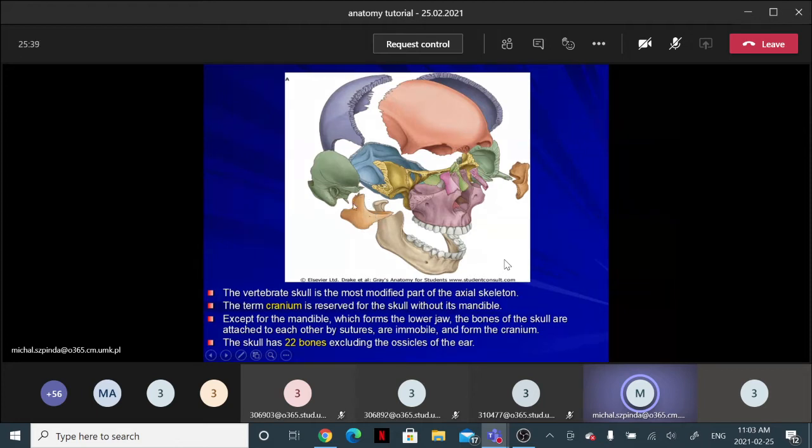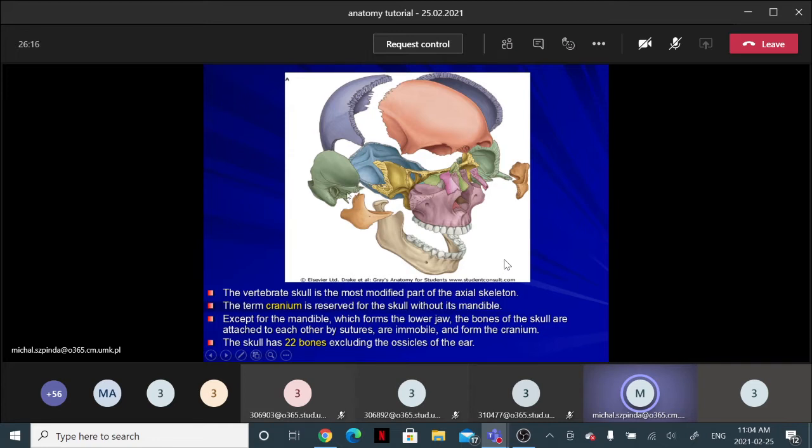The zygomatic bone is a very important bone from a functional point of view because it transmits forces exerted during mandibular movements and mastication, and such forces are transmitted through 2 processes of the zygomatic bone.